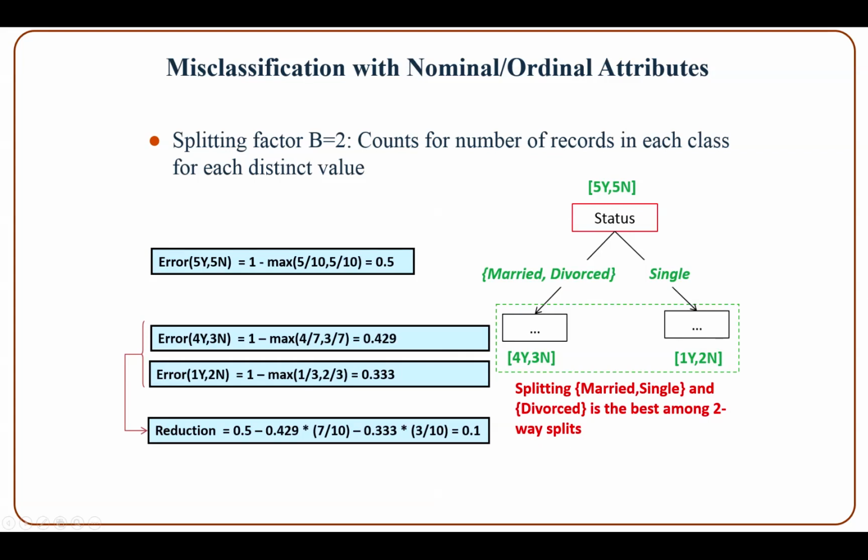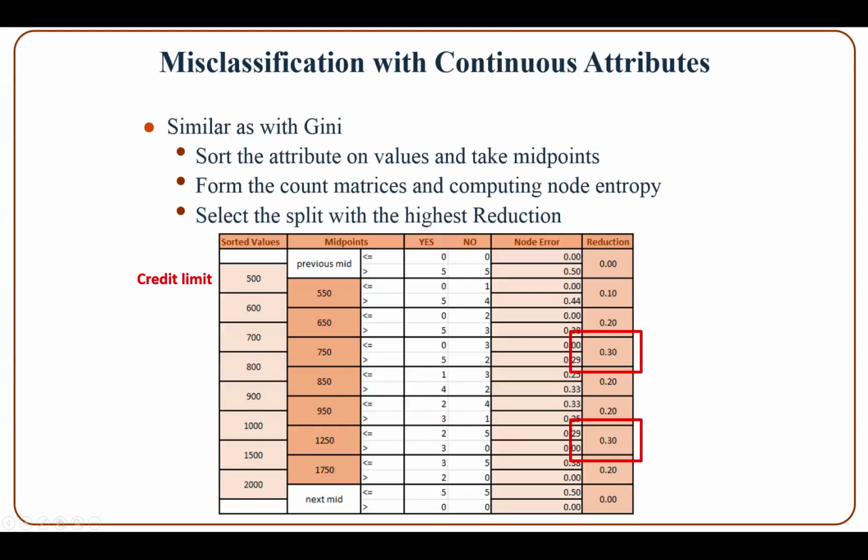And from there, you can also say splitting with married and single combined, and divorced, is the best among two-way splits. Misclassification error with continuous attributes is similar as with Gini index and information gain. And you will select the split with the highest reduction in impurity or in misclassification error.